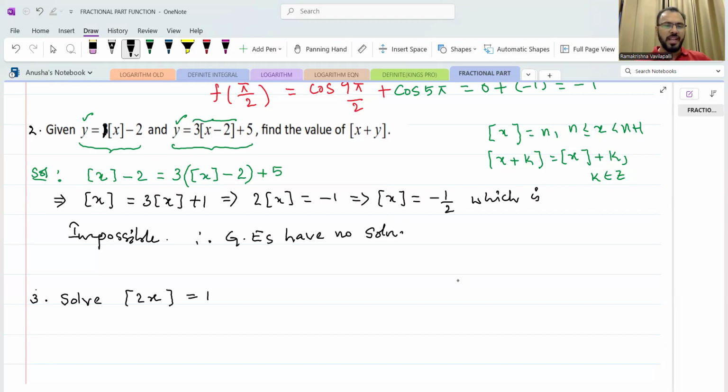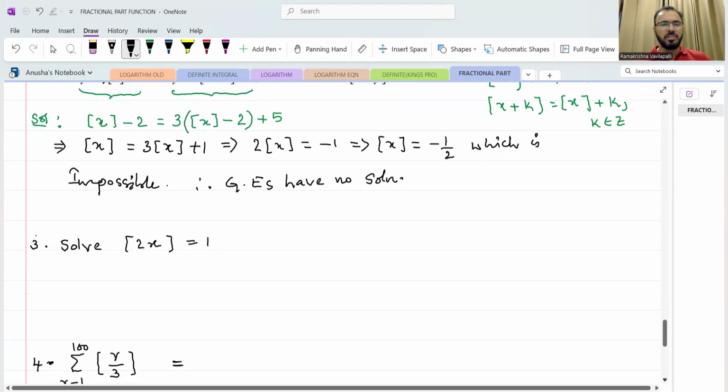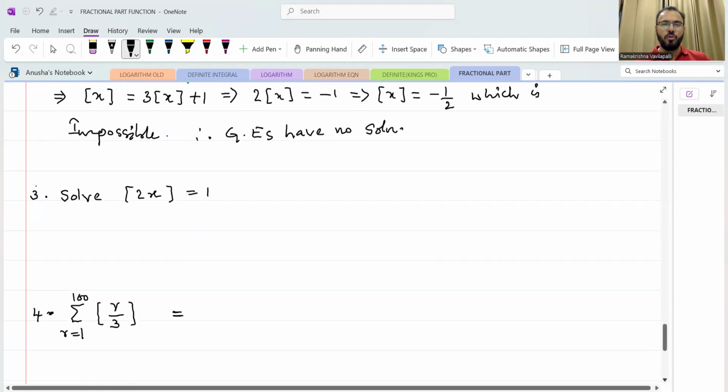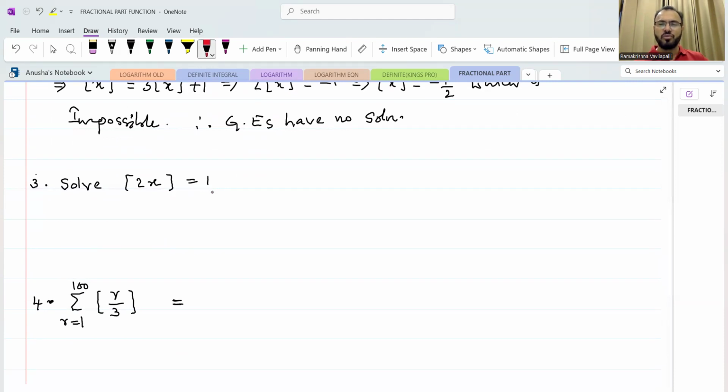Now coming to the third question. The third question is quite simple, I hope. Solve integral part of 2x equal to 1.